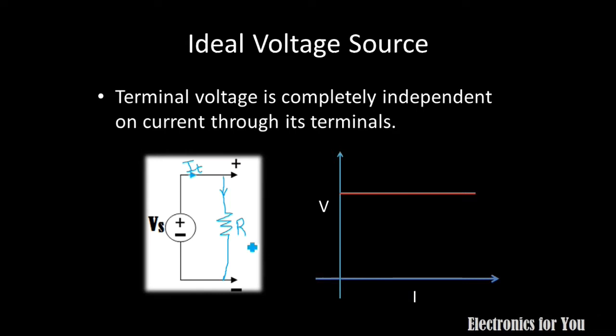And as the value of this current increases, an ideal voltage source will still provide constant output. It means that if the terminal voltage is Vt, then you will always get Vt equal to Vs. A 5 volt ideal voltage source will always provide you a voltage supply of 5 volt.